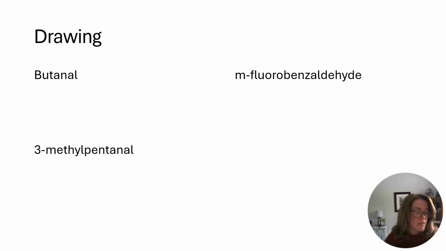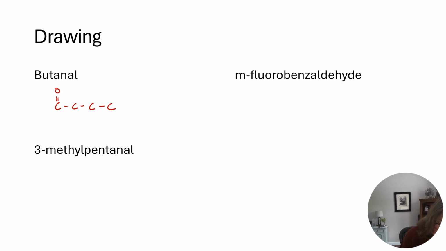Okay, and so lastly what we're going to do is go from the name to drawing the structure. So let's start with butanal. So this is telling me that I have 4 carbons. So I'm going to go ahead and put my 4 carbons in, knowing that the aldehyde is always on carbon number 1. Again, it just needs to be terminal.